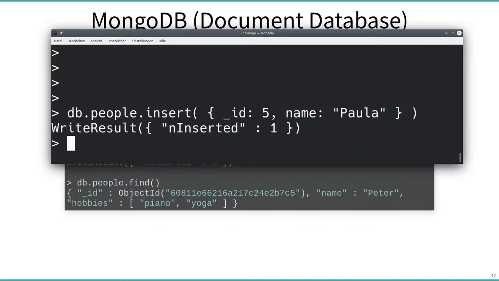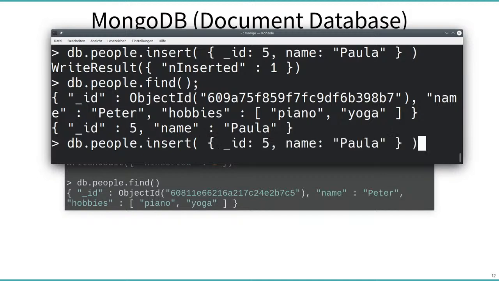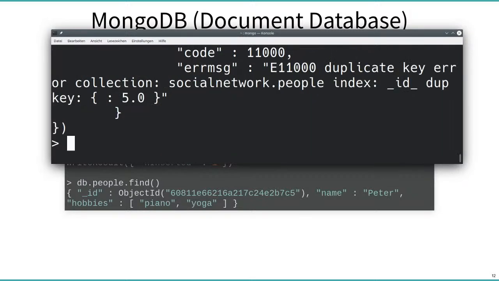Let's use Paula. Then MongoDB does not automatically create the _id because I specified it. And when I want to insert another document with the same _id, then of course, duplicate key error.